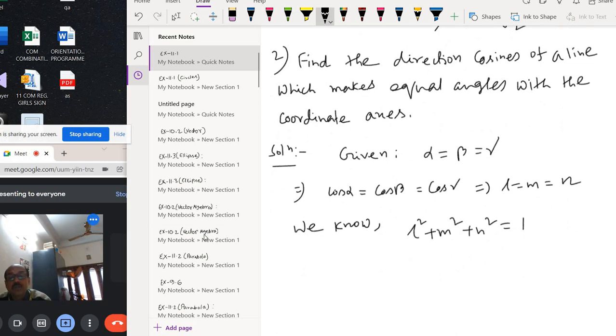Therefore all are equal, so L square plus L square plus L square equal to 1. That is 3L square equal to 1.